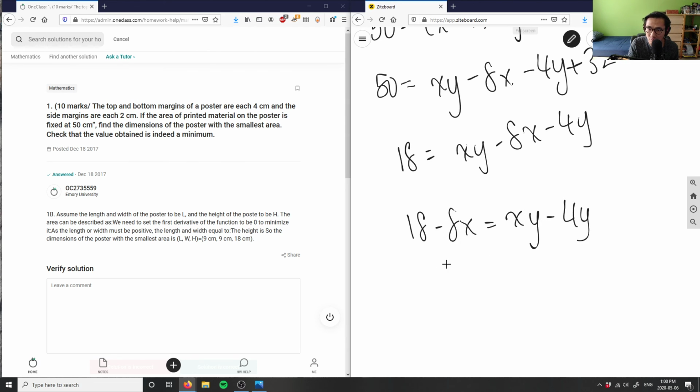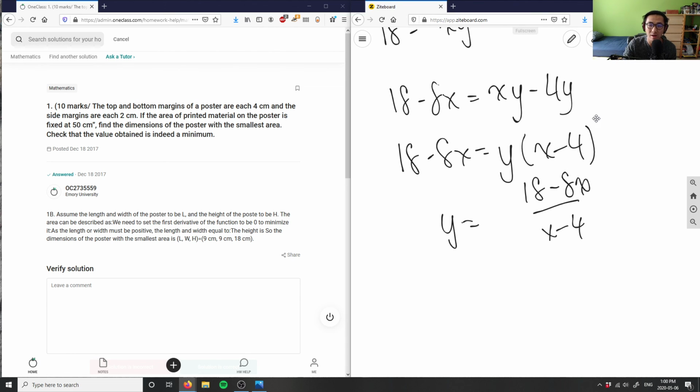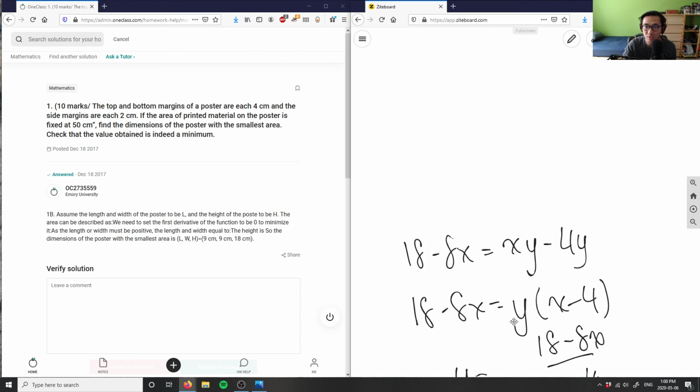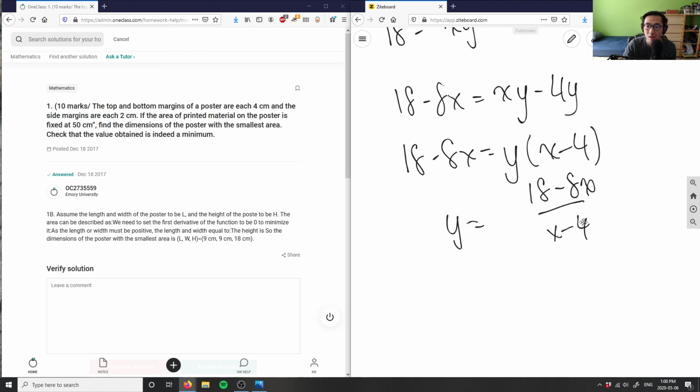Then I can factor out Y to get X minus 4, so Y would simply be 18 minus 8X over X minus 4. Once you get this, you write another equation for the area of the poster, just the poster inside. So you have X times Y, sub in your Y value, find the derivative, set it to 0, and solve for one of the dimensions.